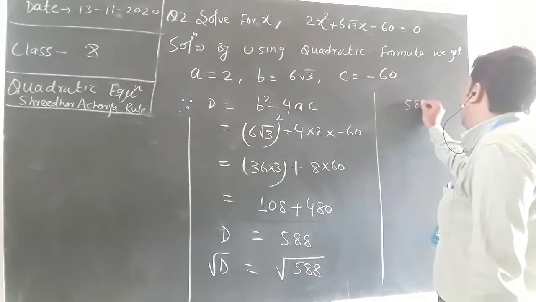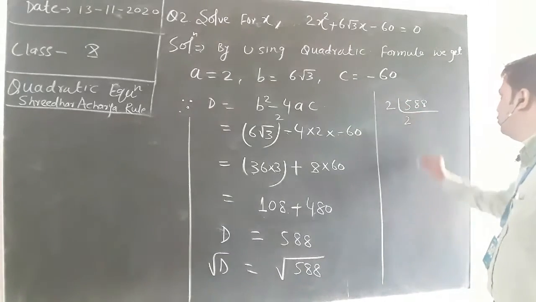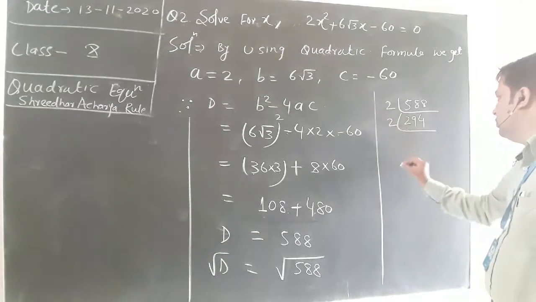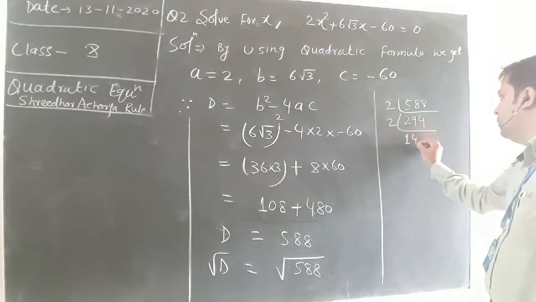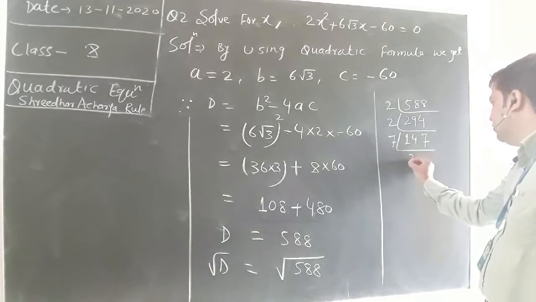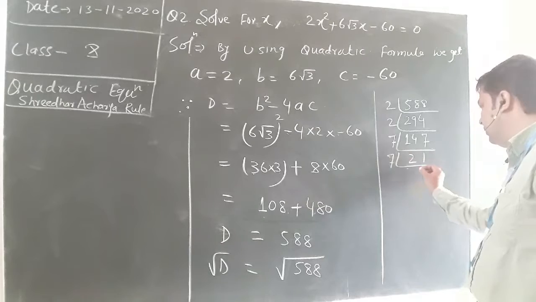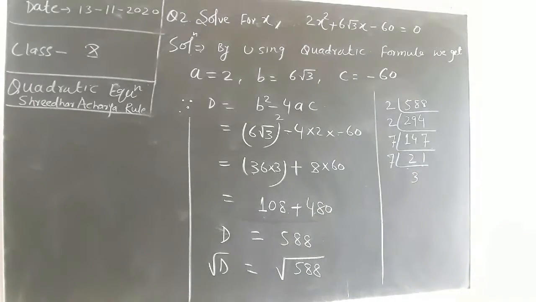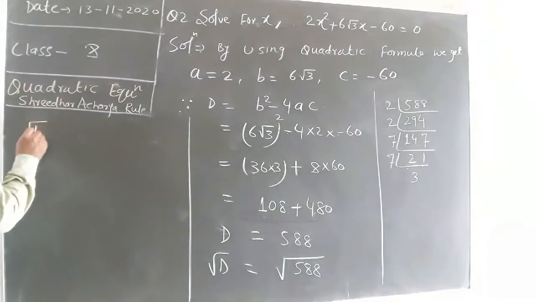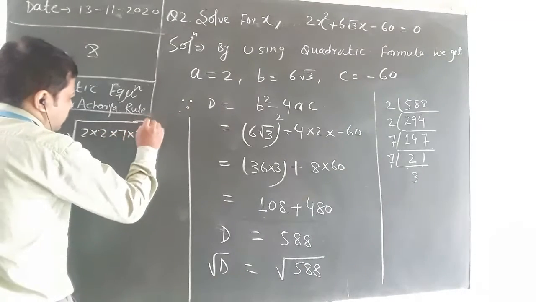So it will be 588 divided by 2, 294, then 2 again 147, then 7 into 21, again 7 into 3. Now root D can be written as 2 into 2 into 7 into 7 into 3.